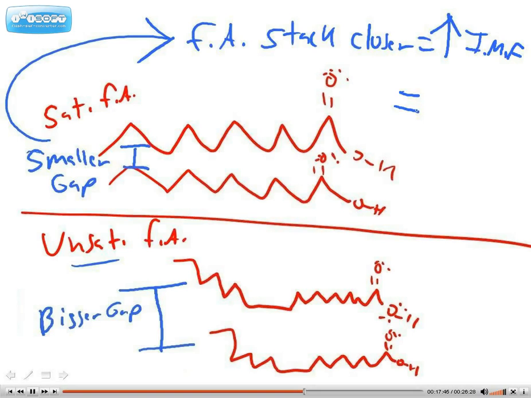Therefore, it has a much higher temperature at which the fatty acid melts, so much higher melting point. On the other hand, if you have a bigger gap, and let me go ahead and finish drawing in the double bond, because it can't get as close, due to the kink factor of the double bonds, creating this weird arc in the tail, they can't stack as close.